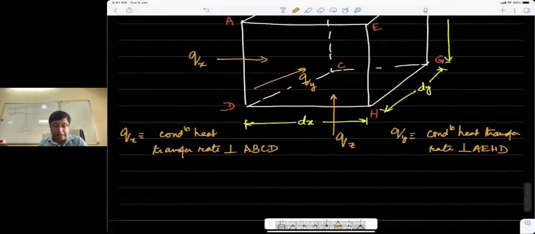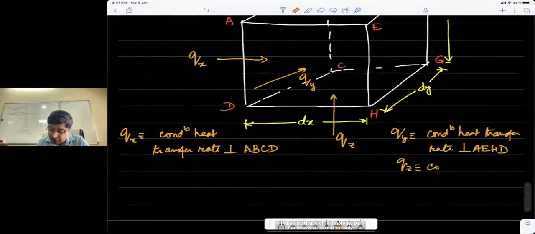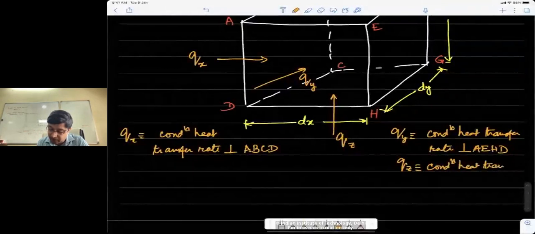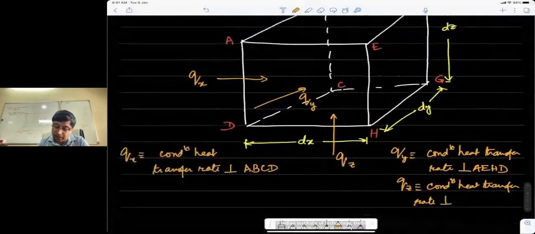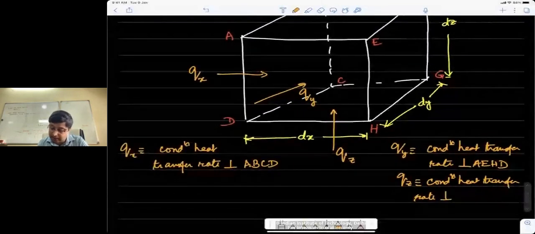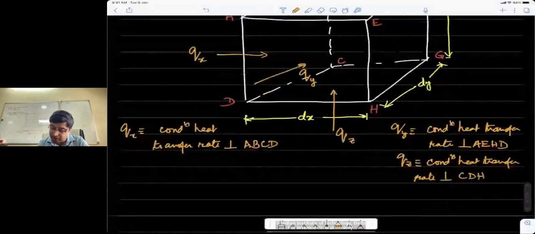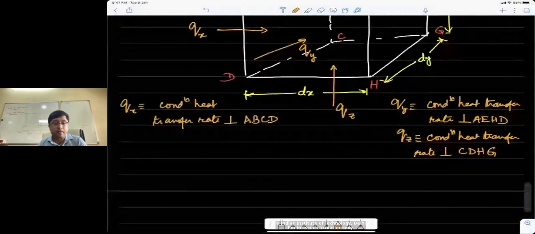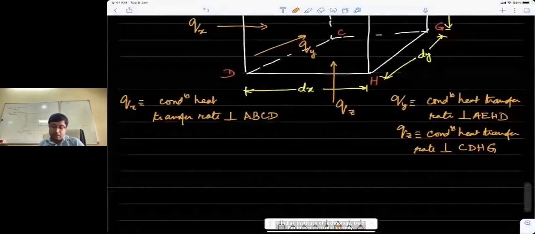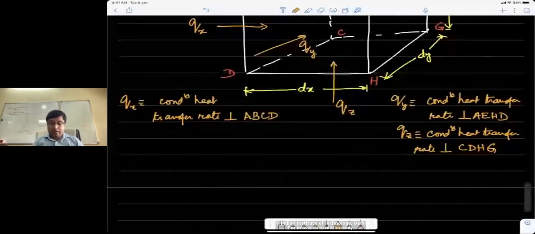And these are the control faces for this control volume now. And Qz will be conduction heat transfer rate, which is perpendicular to, this will be CDHG. So let's say these are the three heat transfer rates into these control faces.